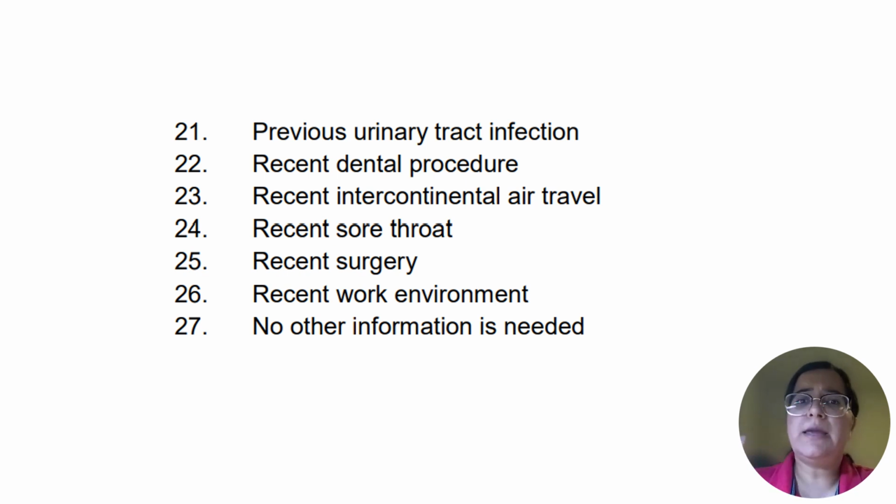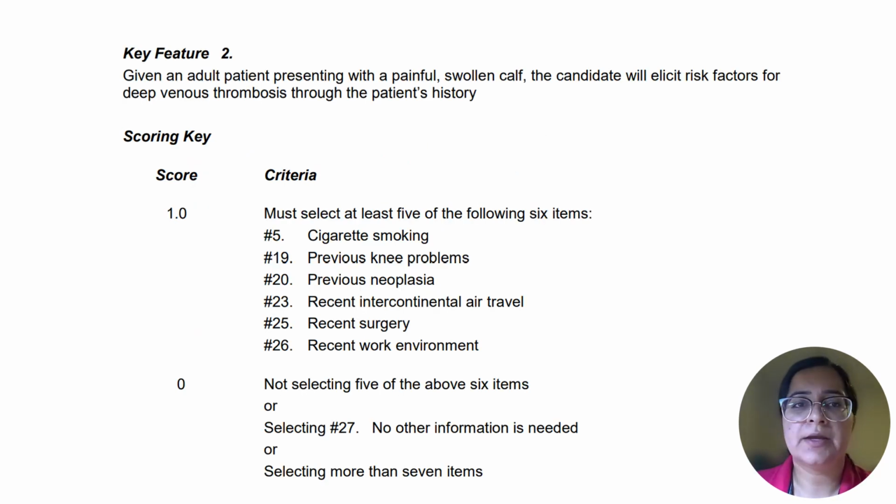Is the patient immobilized or not? Is there any history of surgery? Any recent work environment? All these things we need to ask in the history, and in no way will we choose the option that no other information is needed. Again, given that the patient has a history of DVT, smoking is one that predisposes to this condition.